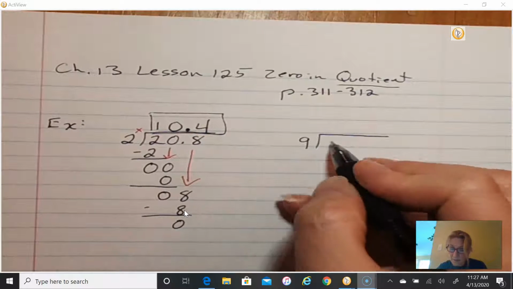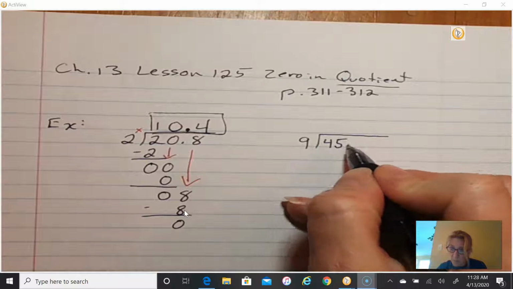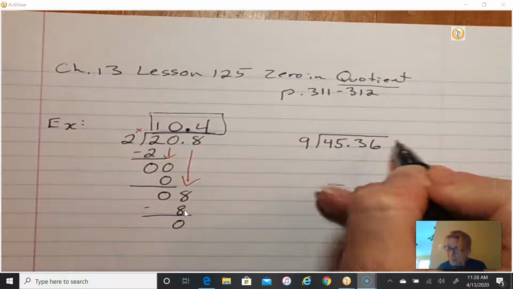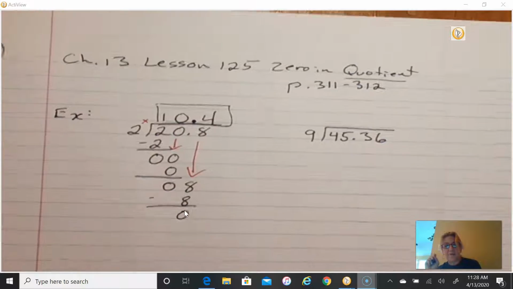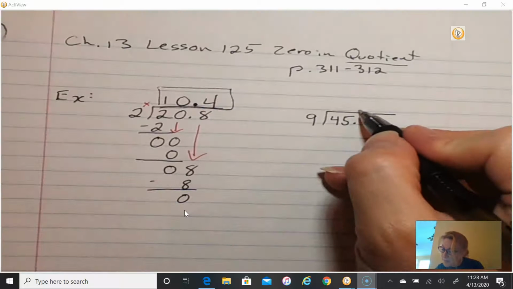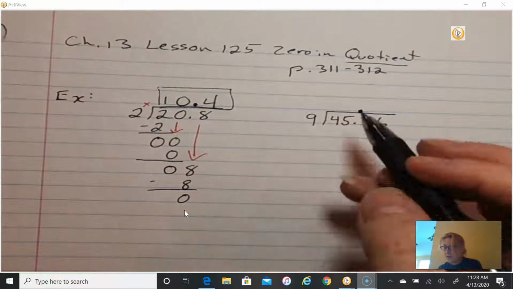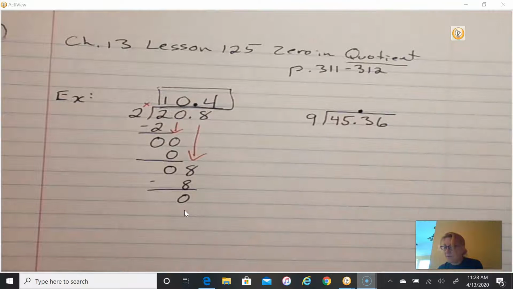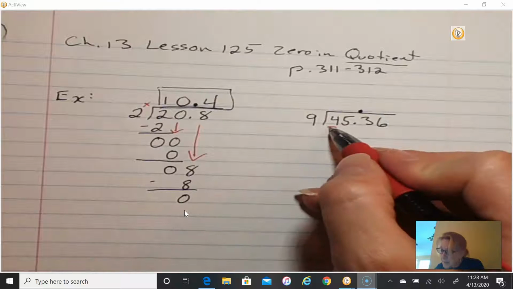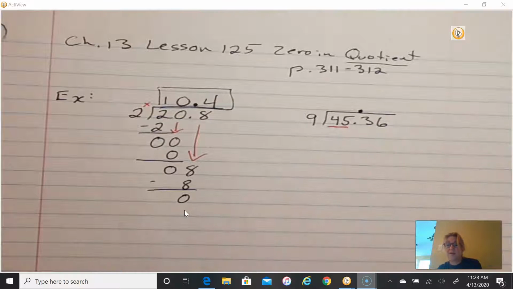9 going into 45.36. Okay, don't do what I did. First thing you do is put your decimal right up there. Okay? All right. Can 9 go into 45? Can 9 go into 4? No. Can 9 go into 45?